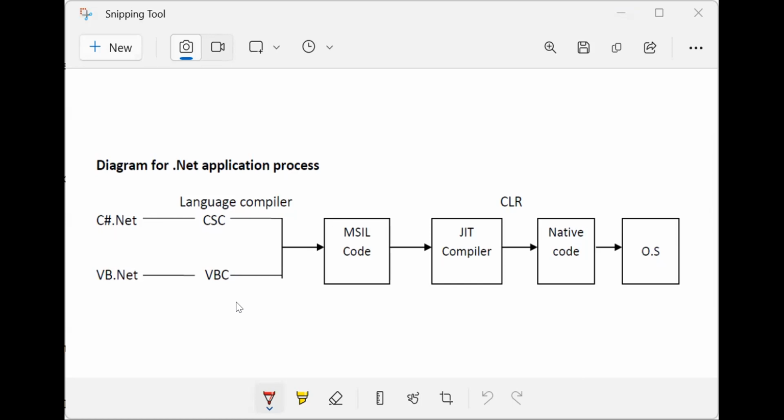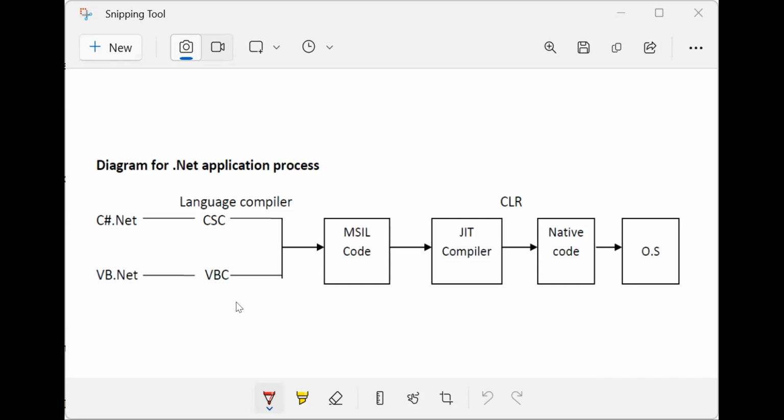So it goes to MSIL code, which is like saying, this is C#.NET, our code, our application from .NET application development. The MSIL code, Microsoft Intermediate Language code, will be sent to the JIT compiler.